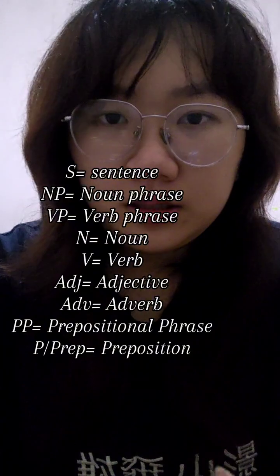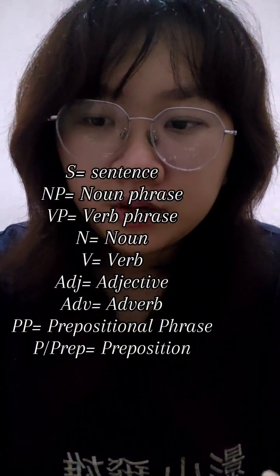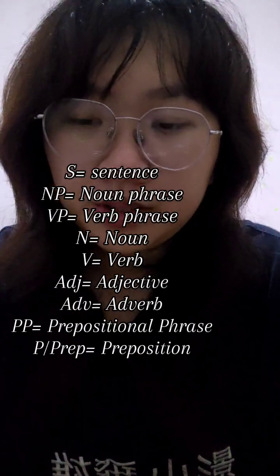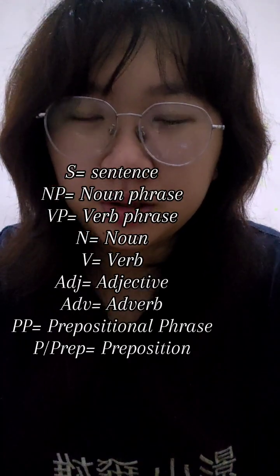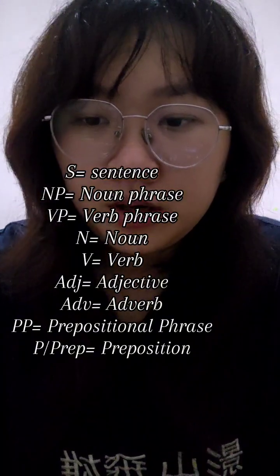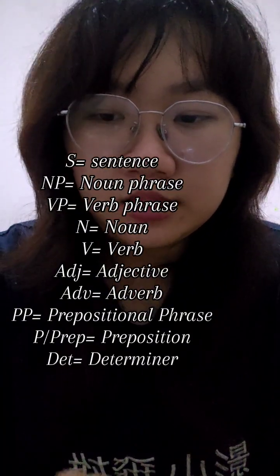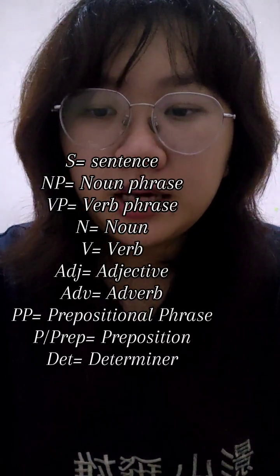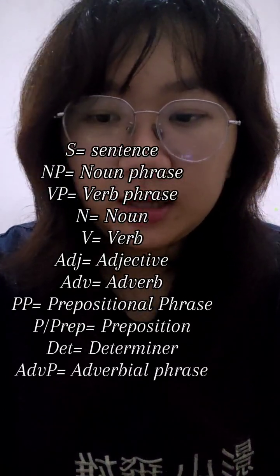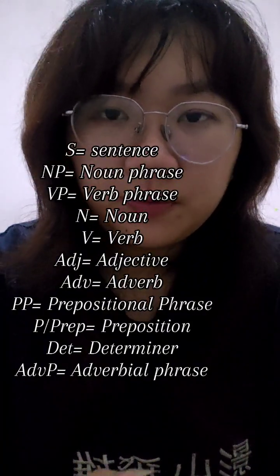P is short for preposition, or you can write prep to say preposition in the tree diagram. The next one is DET, the determiner. The last one is ADVP, adverbial phrase.